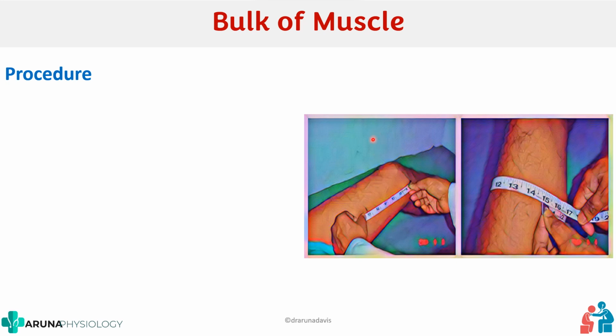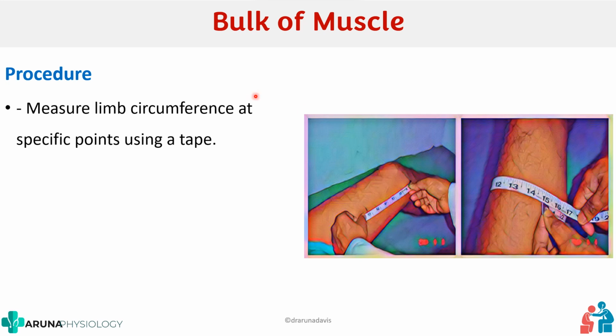For example, if we are going to measure the bulk of the thigh muscle, from the patella, which is a bony prominence, you're going to measure a distance such that it is almost the midway of the thigh, or where you have the maximum belly of the muscle. And at that point we have to take the circumference. So from a bony prominence we have to measure a certain distance, and at that point you have to take the circumference. Like that you can measure the bulk of the muscle.